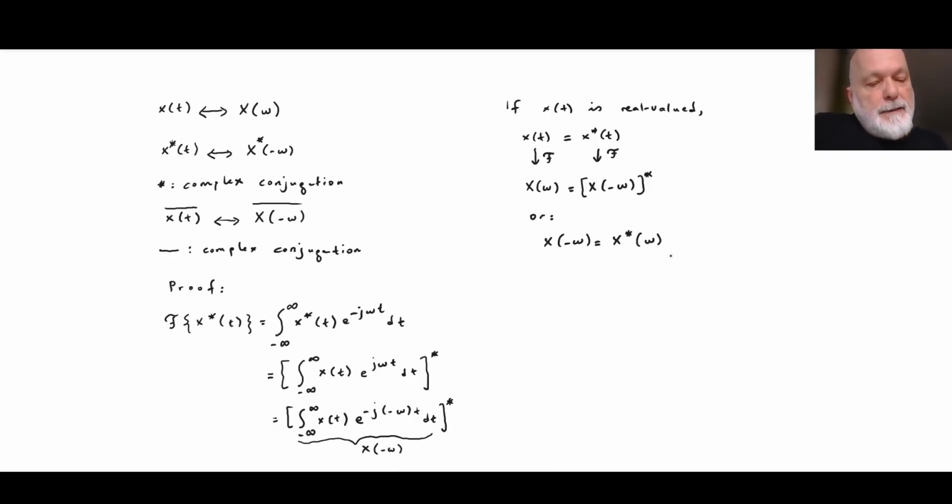Now we can use this expression to obtain some results related to the real and imaginary parts of X of omega, and also the magnitude and the phase of X of omega. Remember, X of omega can be written in rectangular form as the real part of X of omega plus j times the imaginary part of X of omega.